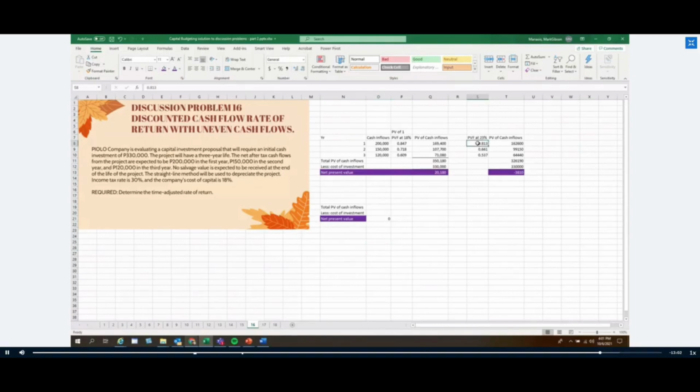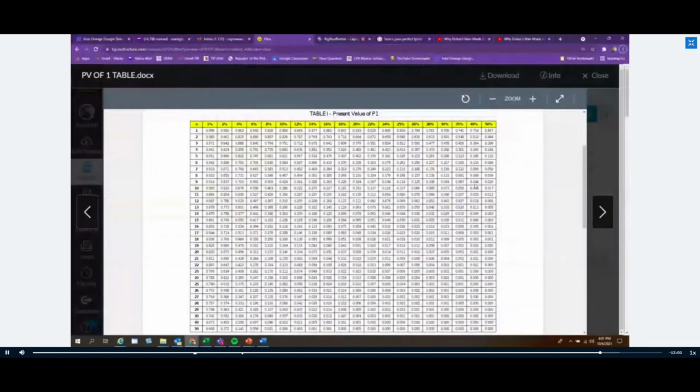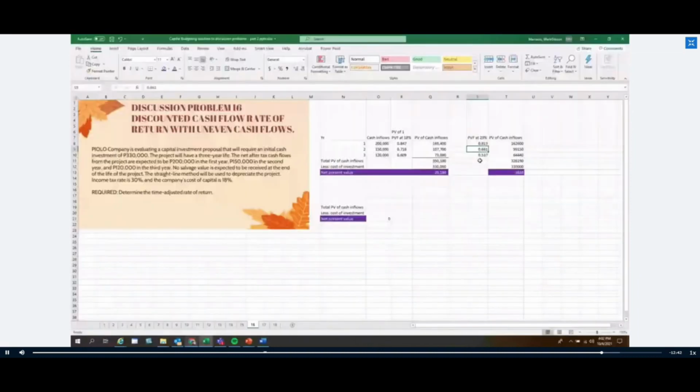At 23%, the rates are, oh, not available here. Let's just say, for example, that I computed it earlier, and the available rates are 0.813, 0.661, and 0.537.